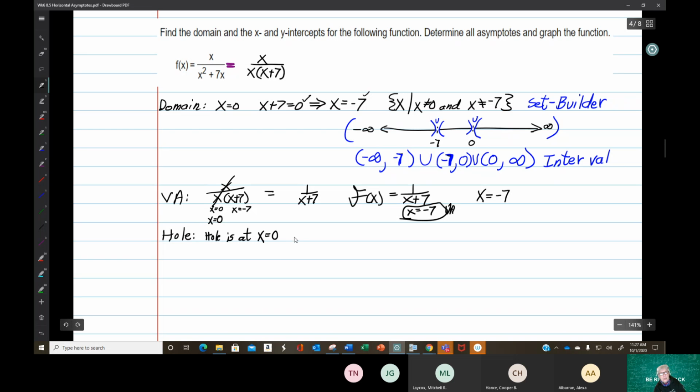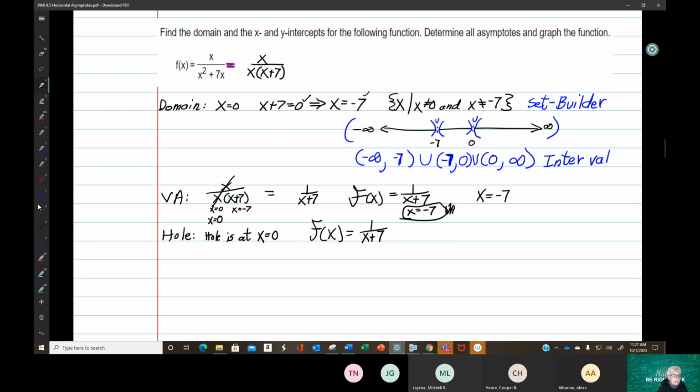And the way to find out what the actual numbers in parentheses are, to make it a point, because it will be a point, is to come over here to our new f of x equals 1 over x plus 7, take out the x's and put in a 0.